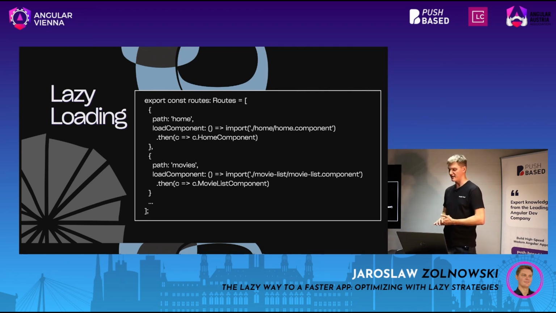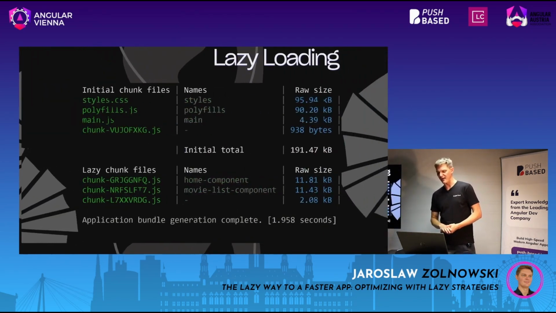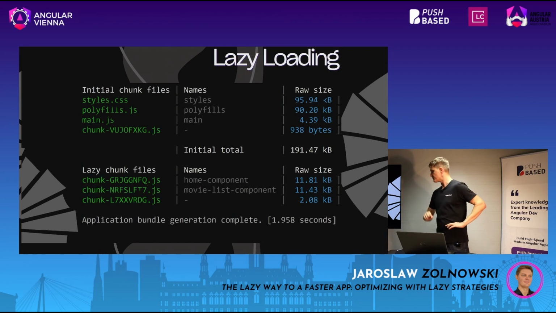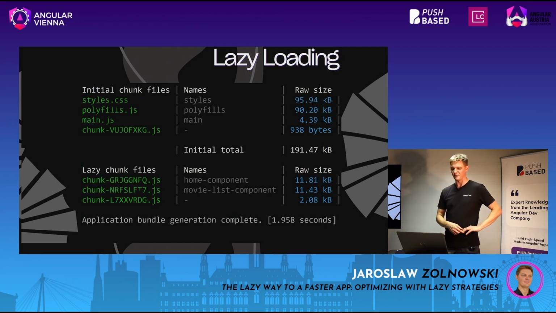So when the user enters, for example, the movies route, the movies list component, the relevant component, would be loaded, nothing else. So when we get back to our example with 3 different components, we can see that our main.js file takes 4.39 kilobytes, which is over 70% less, only by replacing eager loading with lazy loading.